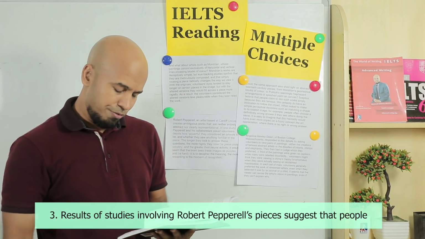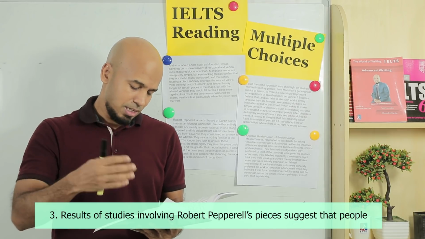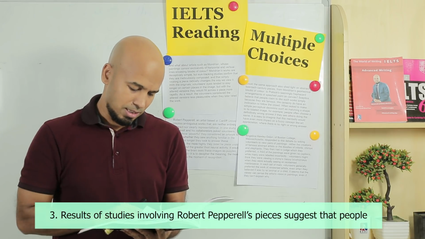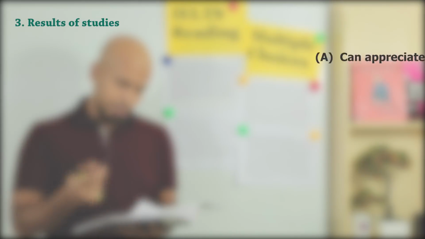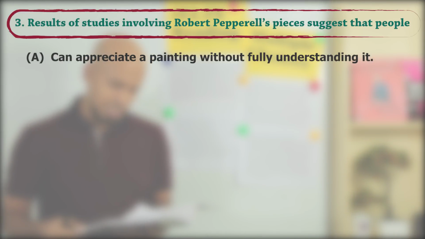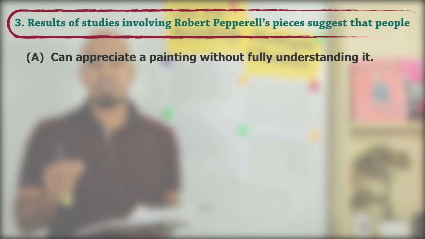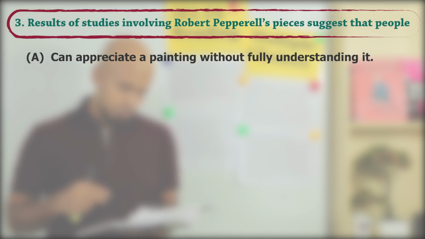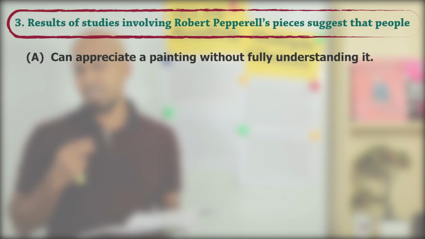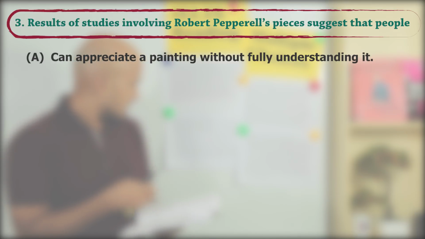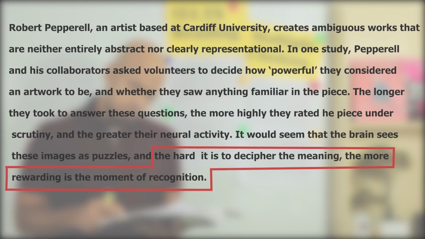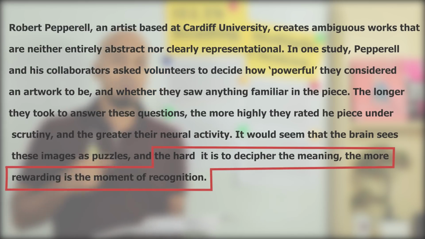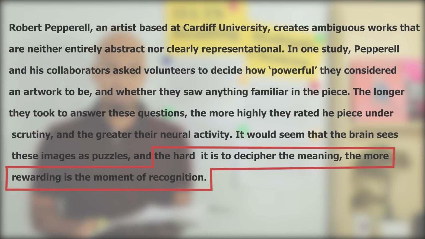So if we read A, B, C, D, I think we may get it very quickly. Number A, can appreciate a painting without fully understanding it. Without fully understanding it, no, I think the last sentence is basically that the harder it is to decipher the meaning, the more rewarding is the moment of recognition.